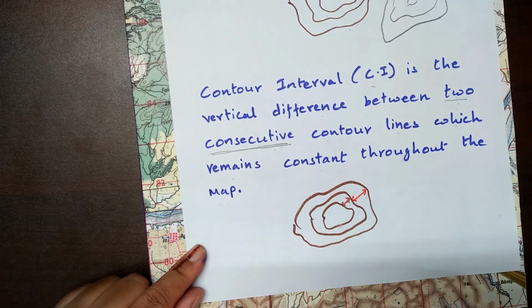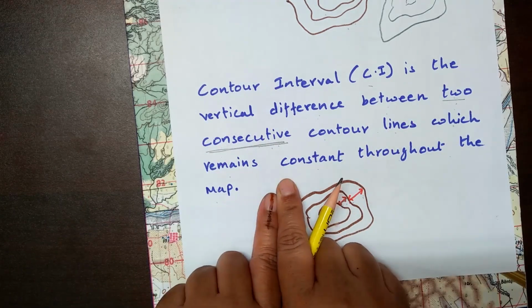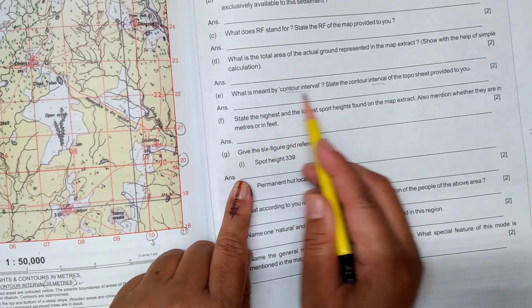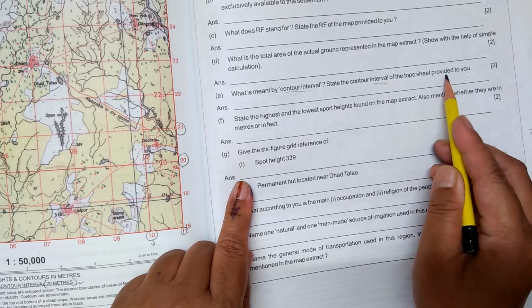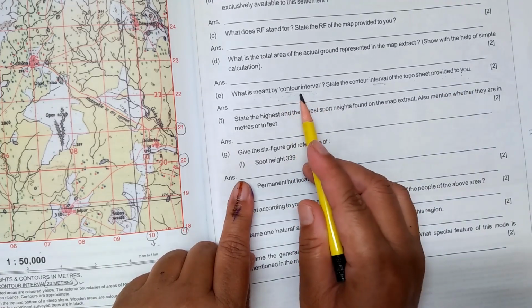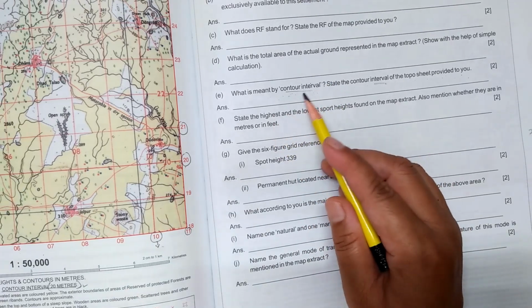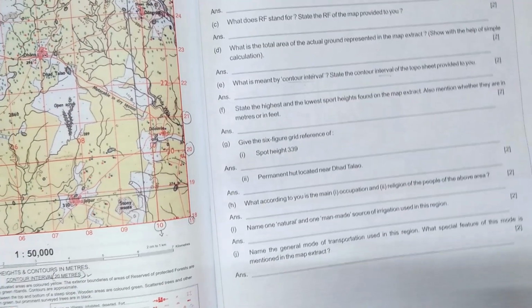Sometimes you will get a question like, what is the meaning of contour interval? At that time you have to give this definition. Children, what is meant by contour interval? State the contour interval of the topo sheet provided to you. So the contour interval is the difference between two consecutive contour lines. That definition you have to write. And what is the interval provided in this map?